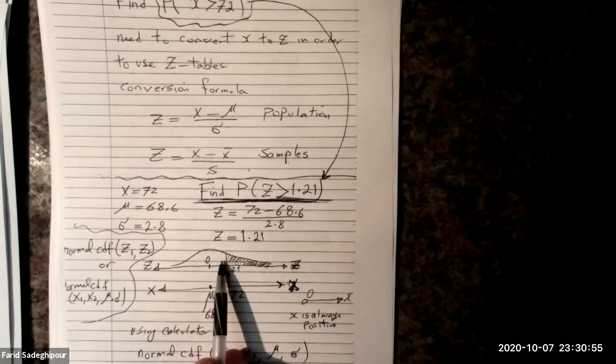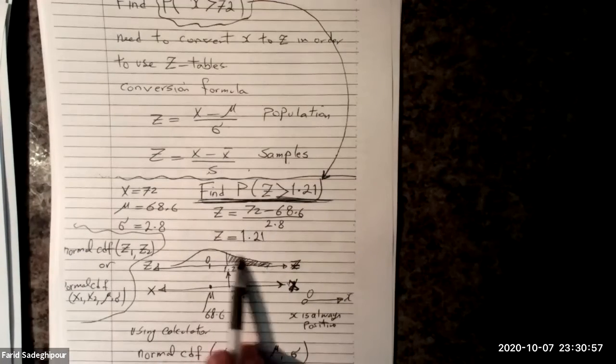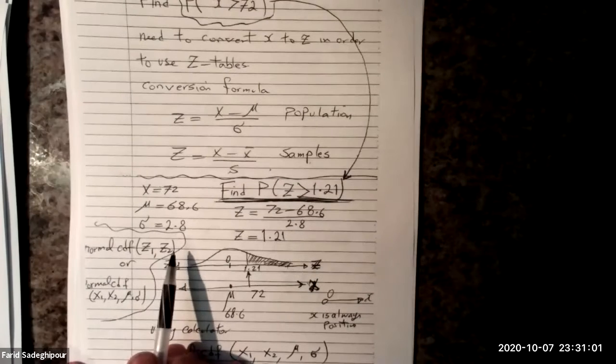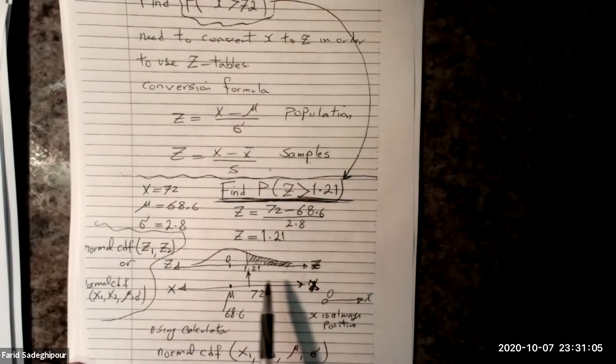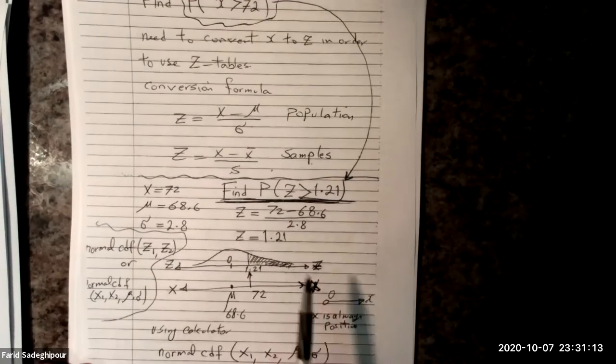So here, you want to find the probability of z greater than 1.21, meaning this one. If you want to use the calculator, you just say, again, normal CDF, Z1 and Z2. Z1 is 1.21. What should I use for the other side? 10, right?